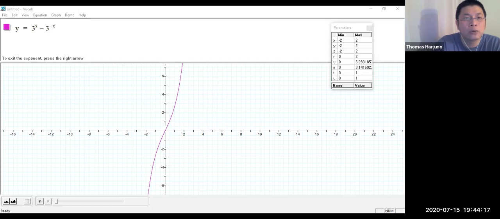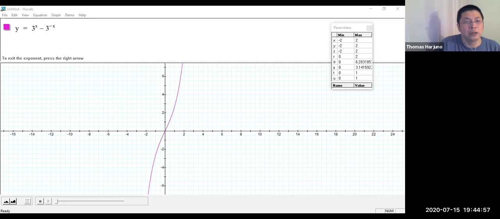Now, let me go on to 4.3. Not a lot of things to say from 4.3 on itself, except that 4.3 is the natural exponential function.